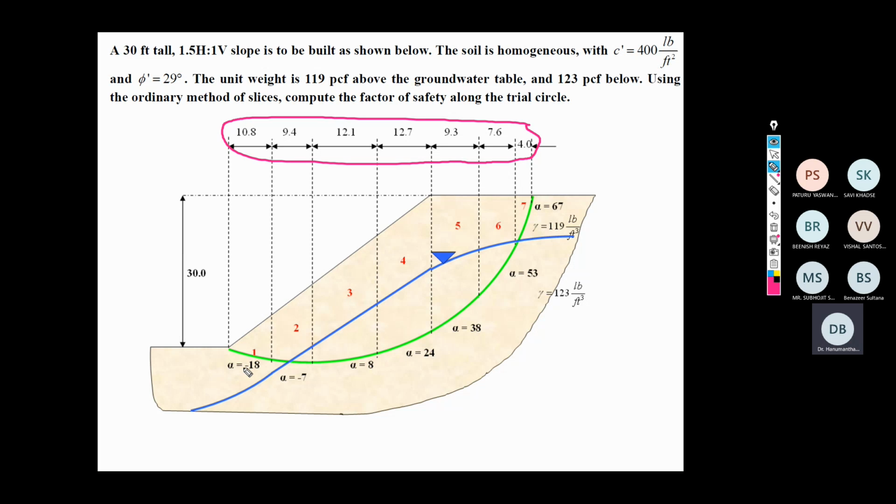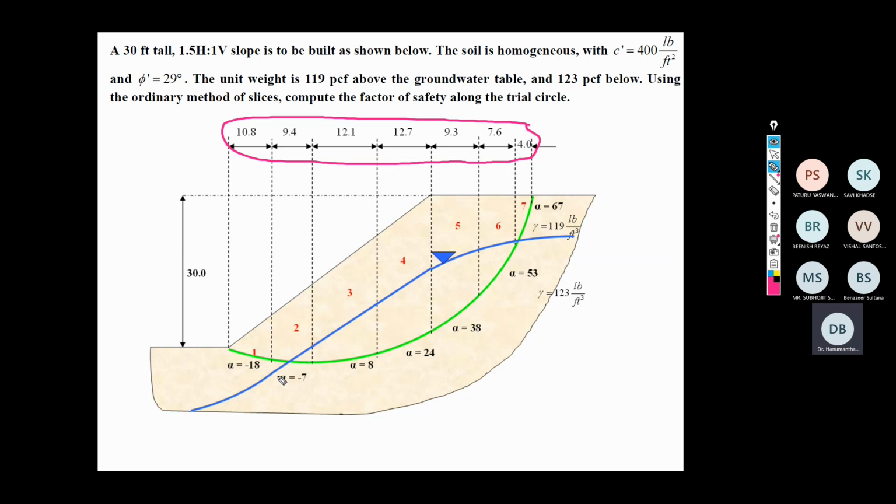Meaning thereby, you can presume that slices number 3, 4, 5, 6 and 7 are the driving forces, while 1 and 2 are counteracting the force coming from slices 3 to 7, because their angle of inclination is negative. It is a negative angle, it is not a positive angle. So positive indicates the driving moment, the negative indicates the resisting moment.